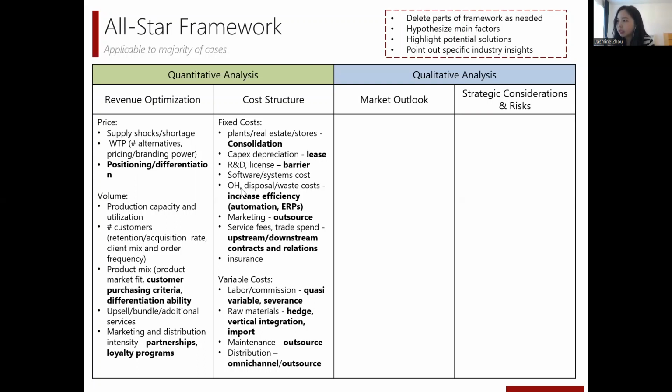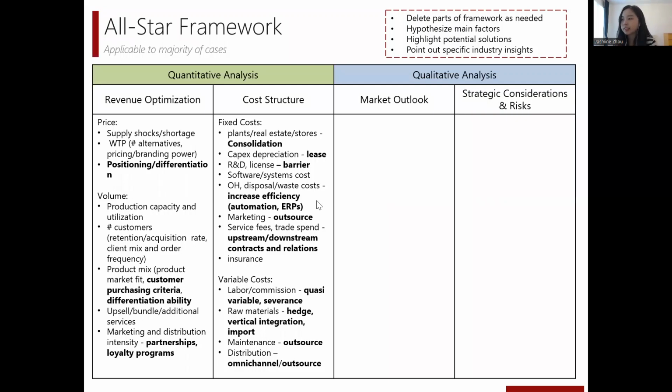So yeah, for fixed costs, you also have like software and system costs as well. If it's a software company, you have overhead and maybe disposal or waste costs. This is maybe applicable to like grocery chains or stores and businesses that deal with those type of waste.